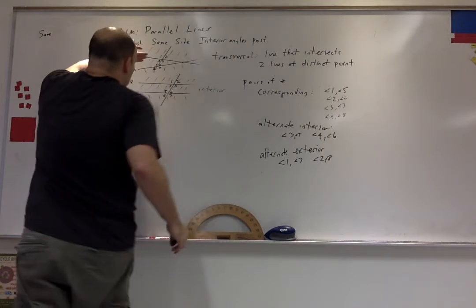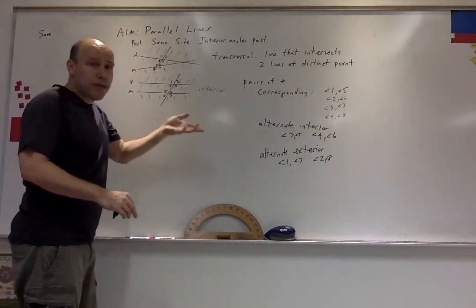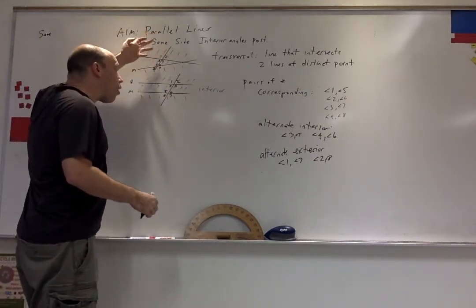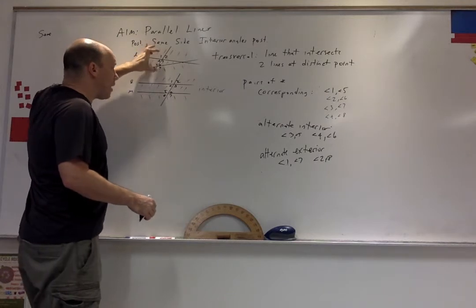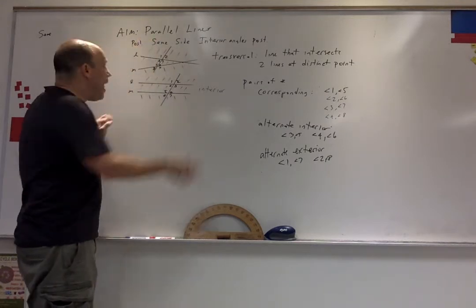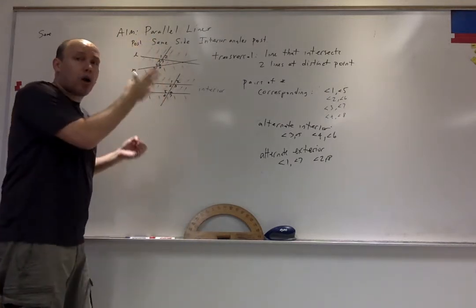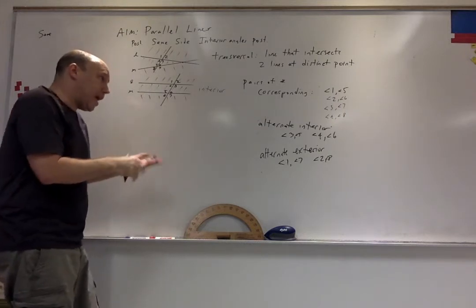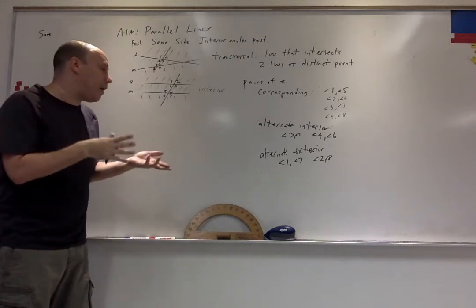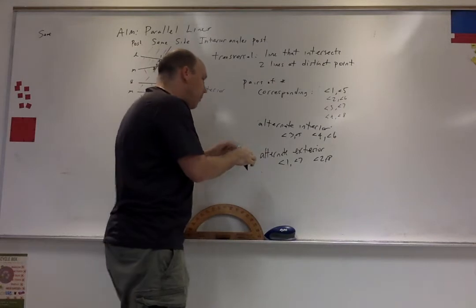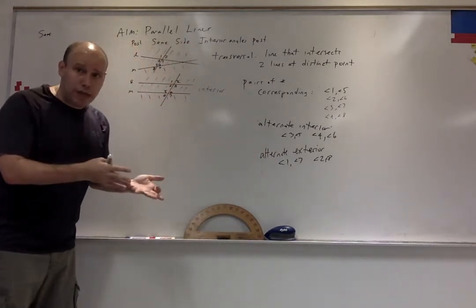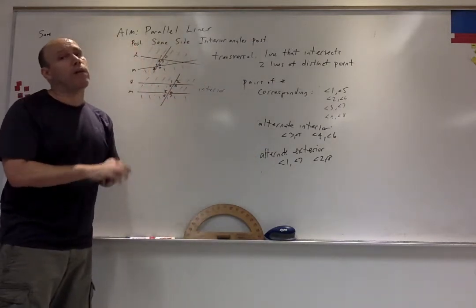It's the same thing for the diagram of the lines that clearly intersect. 1 and 7 are exteriors on alternate sides, and 2 and 8 are exteriors on alternate sides. And once again, the relationship will tell us whether the lines are parallel or not.